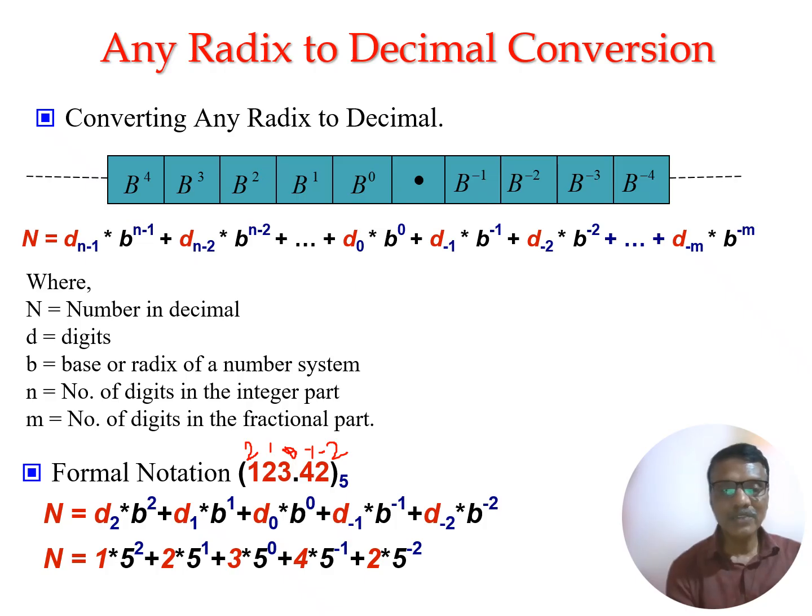after the fractional part, decimal point, after the decimal point 4 into 5 power minus 1 plus 2 into 5 power minus 2. So all this we simplified, so we will get 38.88.